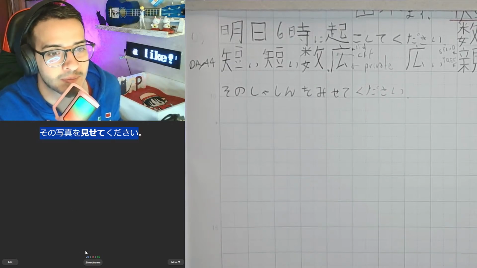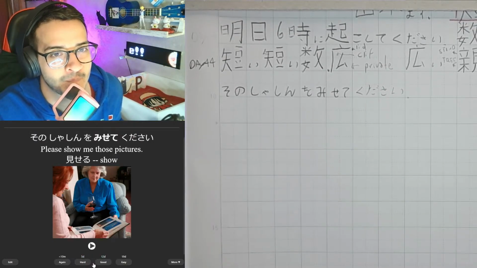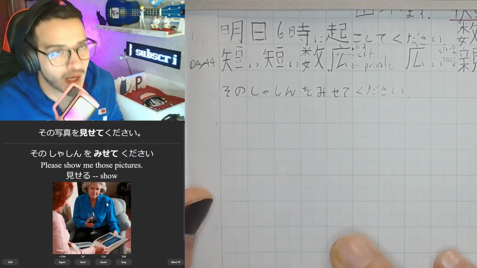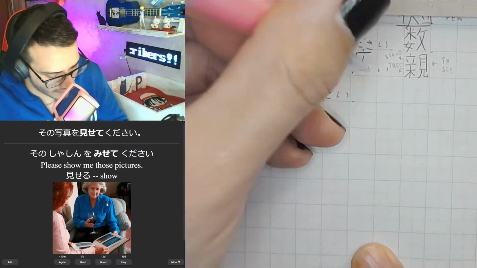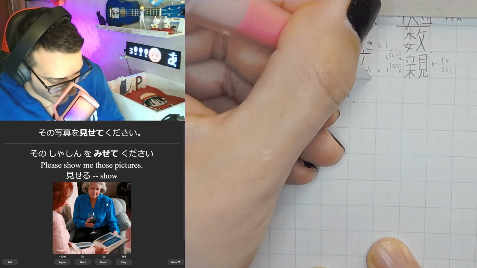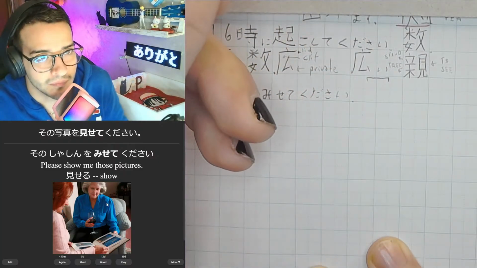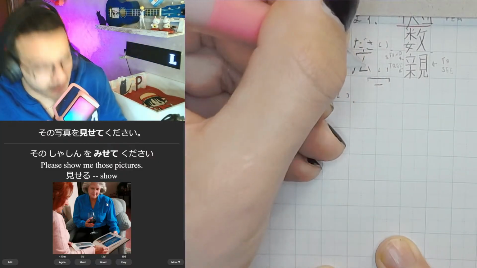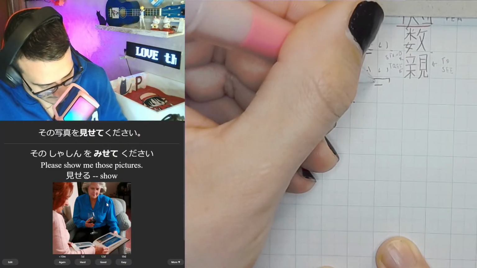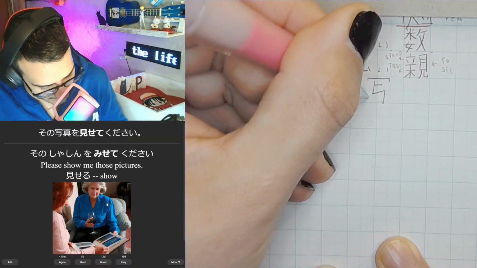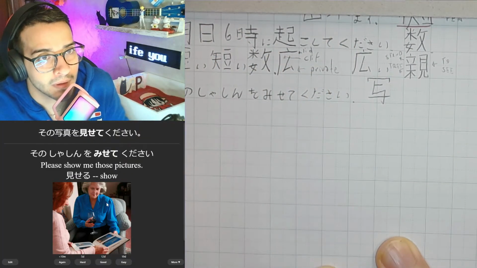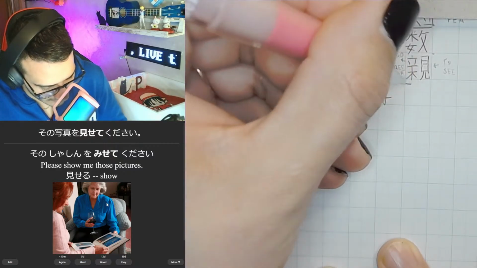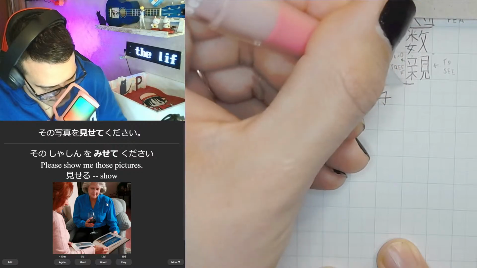Let's review how to write 写真. So we have the crown radical on the top. And then this part, I still don't know how to call it. And here we have the ten and eyes.